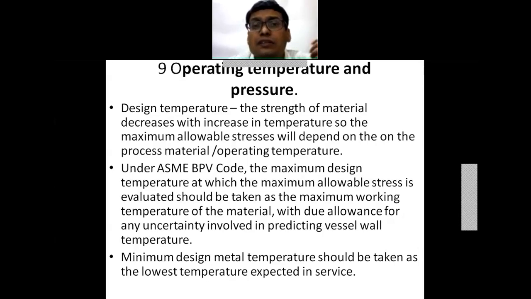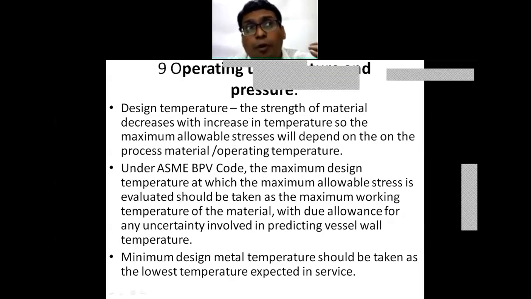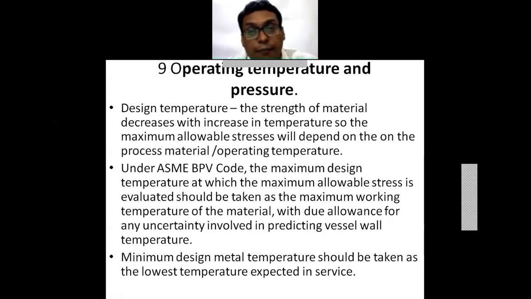But if it is, say, in Canada, which is a very cold country, where it goes to minus 40, minus 60 degrees Celsius sometimes, then this minimum design temperature has to be also given the proper importance.